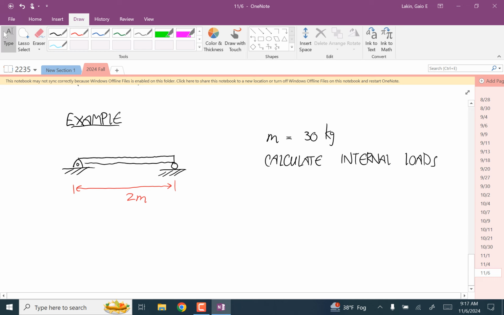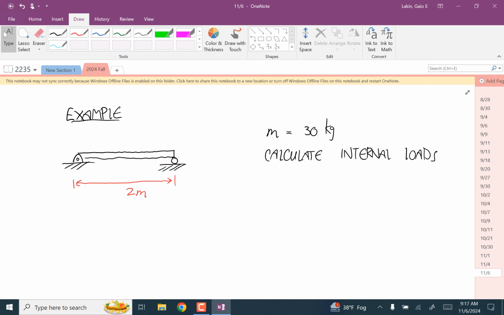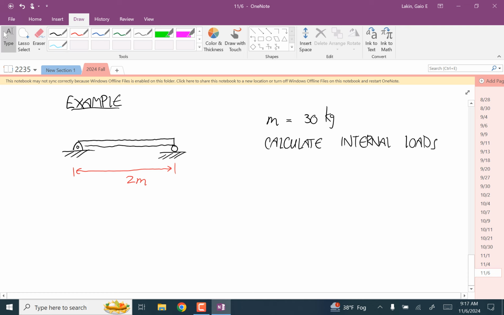Eventually, you're going to skip a lot of these steps, but at the start, I'm just going to go through as many steps as I can think of. So first, I'm going to draw a free body diagram. Well, let's first calculate the external loads. To do that, we're going to isolate the whole body.